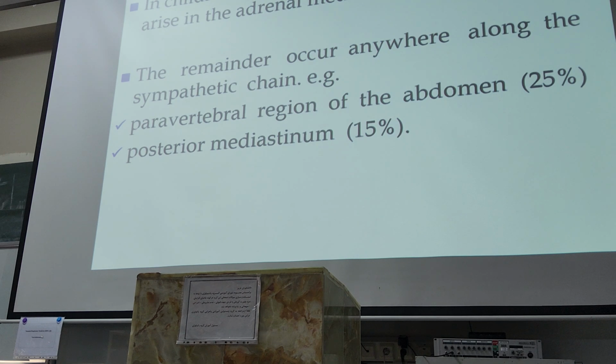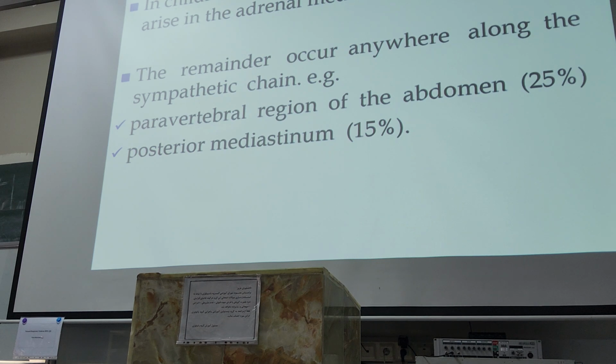The remainder occur anywhere along the sympathetic chain. So what are the main sites of neuroblastoma? One is the adrenal medulla, and the other is the sympathetic chain. In the paravertebral region of the abdomen, about 25%, and in the mediastinum we have 15% of neuroblastoma.